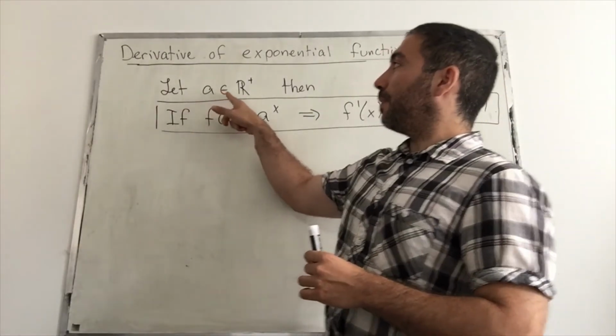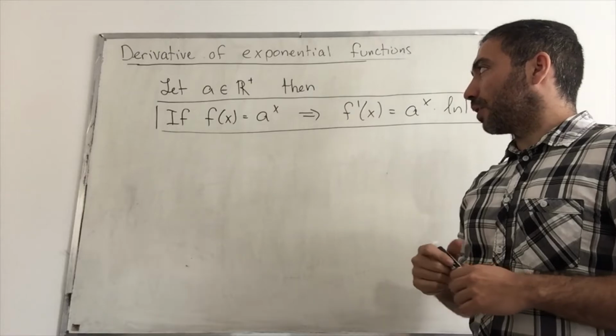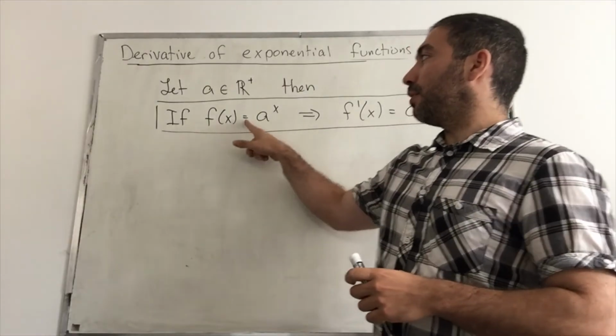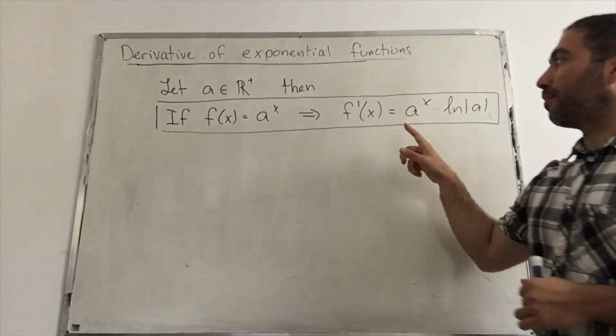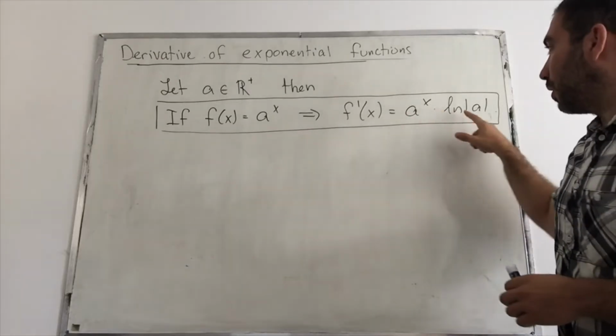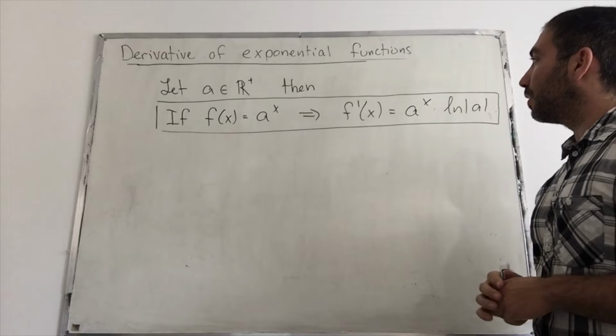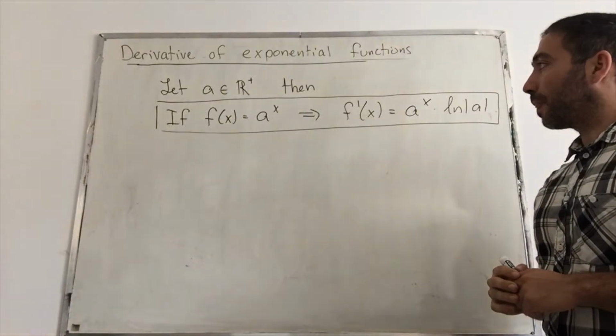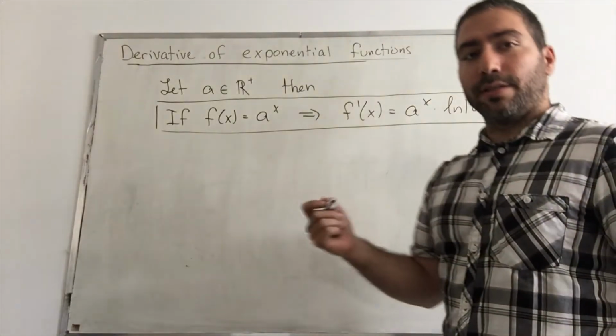So let a be a positive constant, then if f of x is equal to a to the x, its derivative f prime of x is equal to a to the x. It stays the same, but there's this multiplication of ln of a. Okay, and we can see why this is true for e to the x.